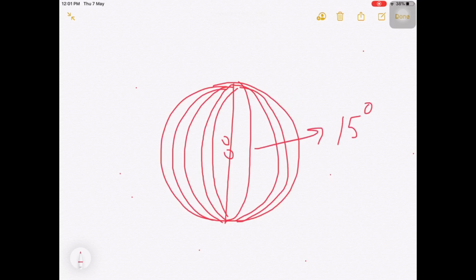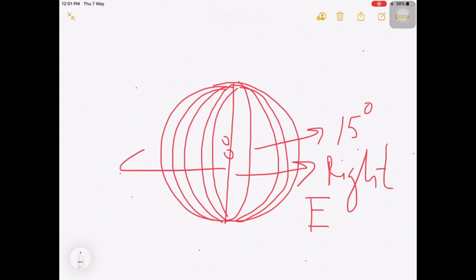Those lines on the right hand side are east, so you need to always write the letter E with them, and those on the left hand side, you need to write with the letter W.